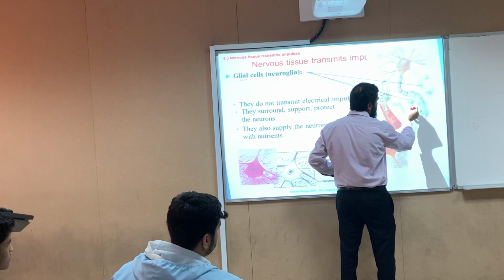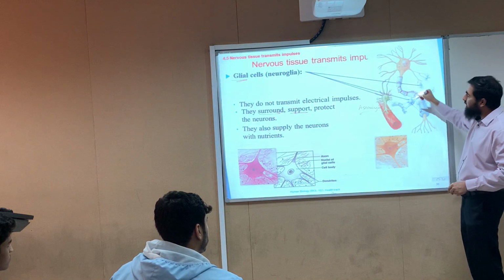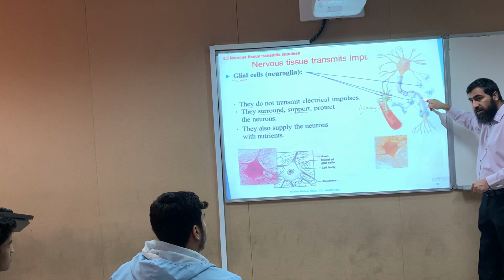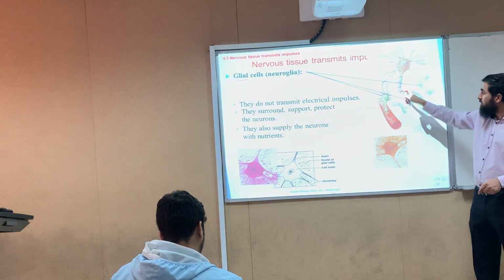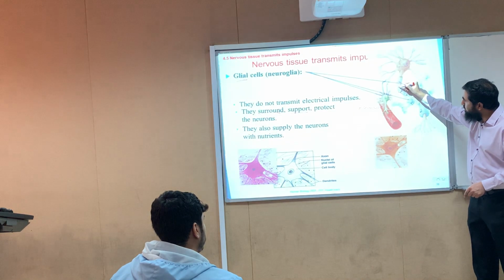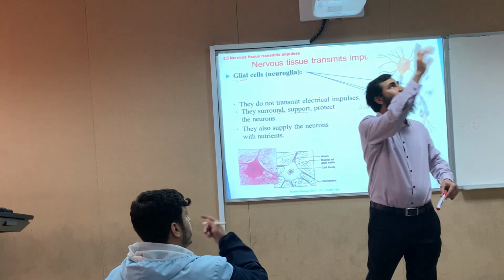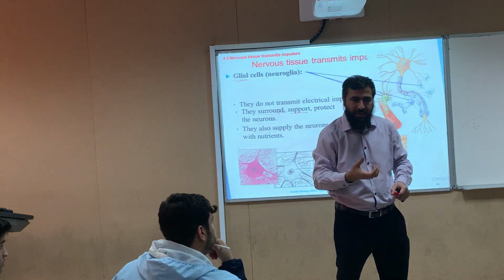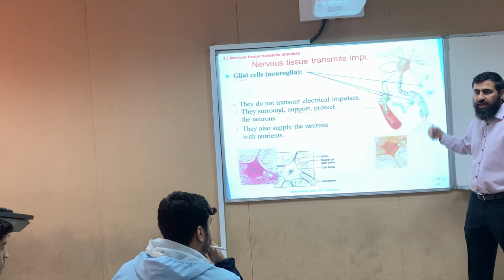These are for support and protection. One acts as an insulation of the axon, so the electrical impulses can pass through, okay? It supports the cell. You know when you've got a wire, you need to cover it with plastic or something, okay? This is like a lipid, lots of lipid. It covers the axon.